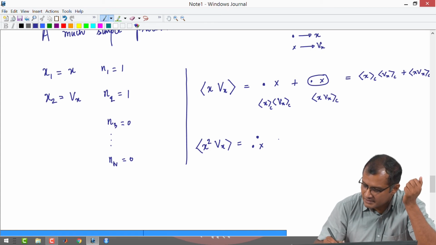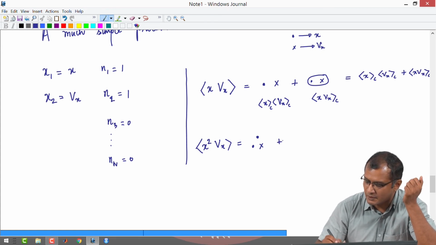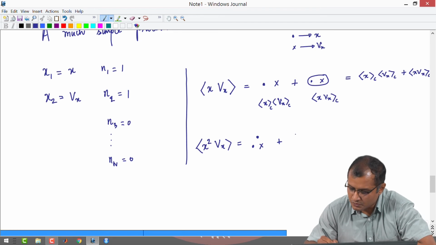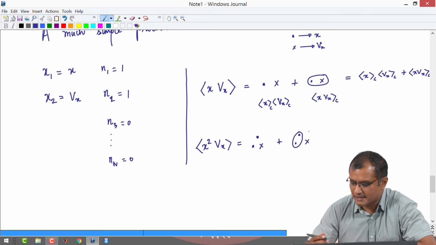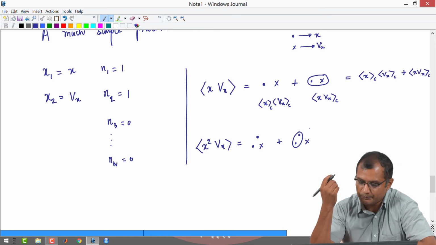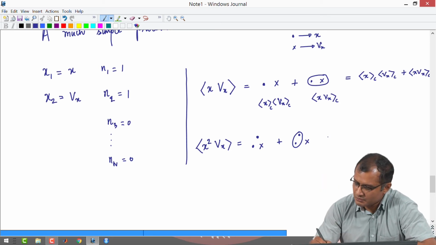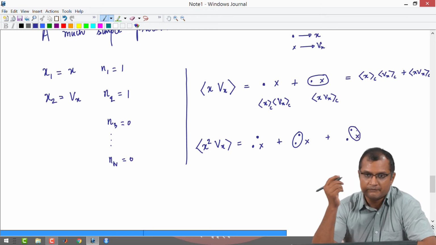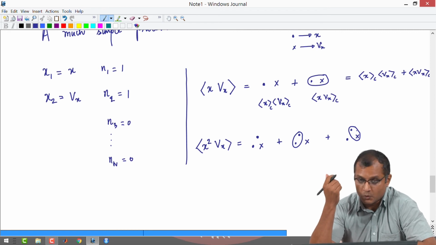Now I can arrange this in many ways. One way would be to connect the two dots and leave the cross as is. There is only one way you can do it. The other way is to connect a dot and the cross and leave the other dot alone.